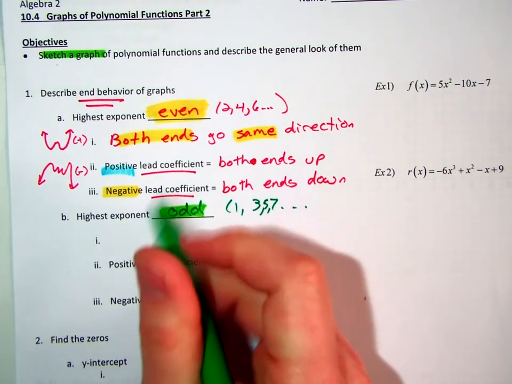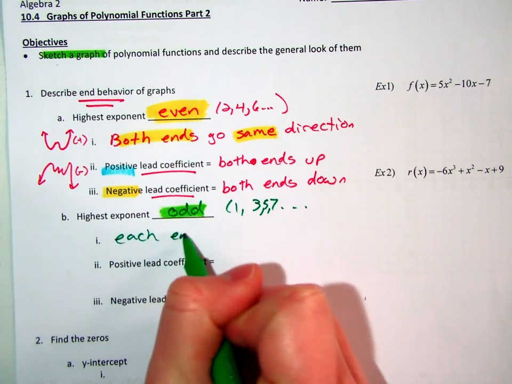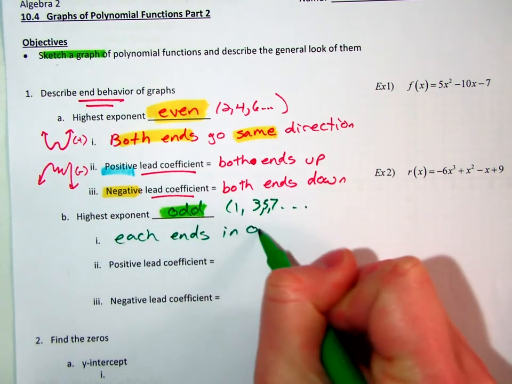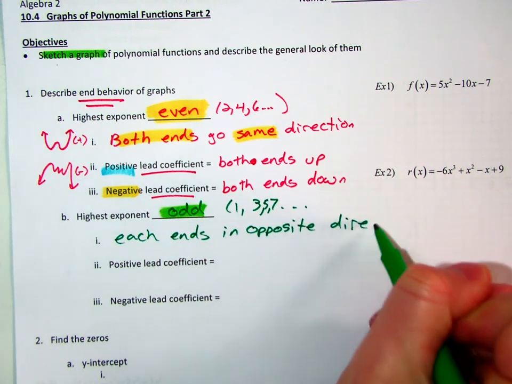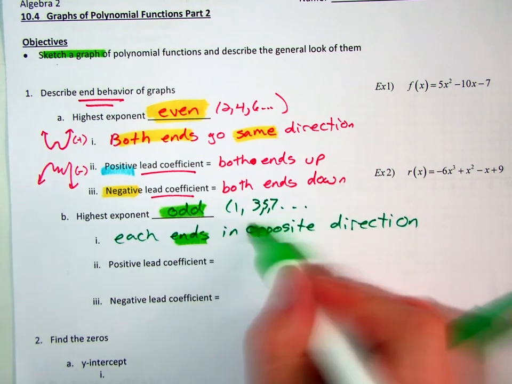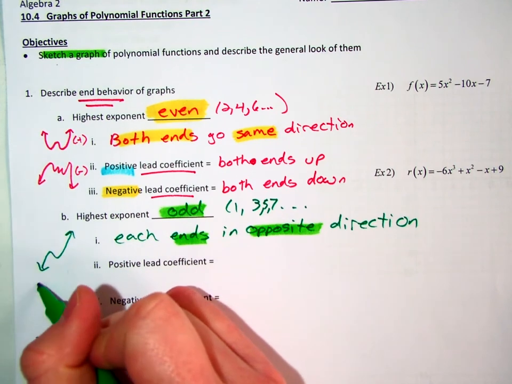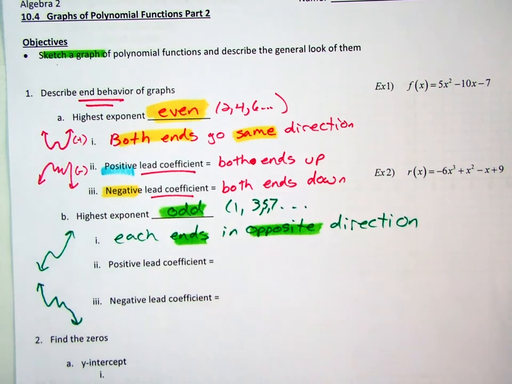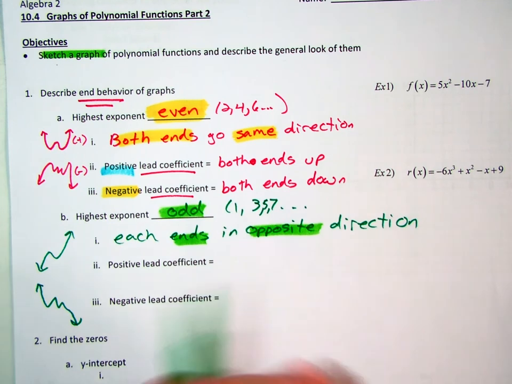When we talk about odd, on the other hand, each end goes in an opposite direction. So it might look something like this, or something like that. Now we have to decide when it will end looking like this and when it will end looking like this, and that's based on the lead coefficient.